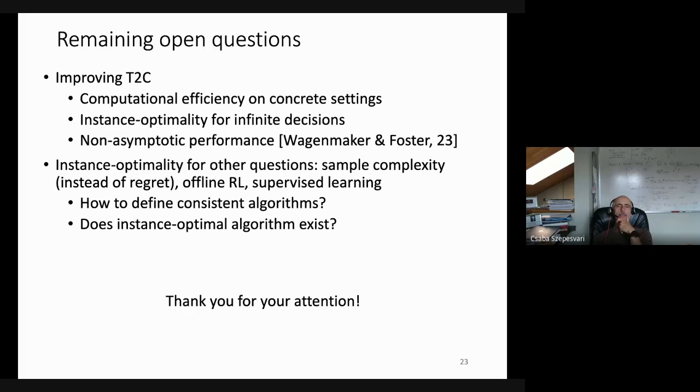Yeah, I do have a question about this uniqueness assumption. There was the assumption of a unique optimal hypothesis. So basically, the lower bound applies to instances that have a unique optimal hypothesis.